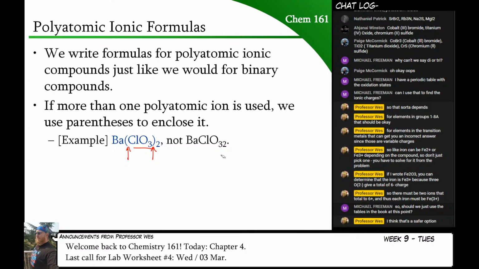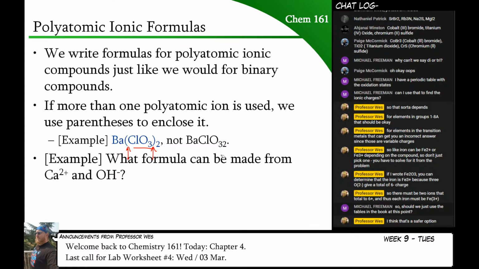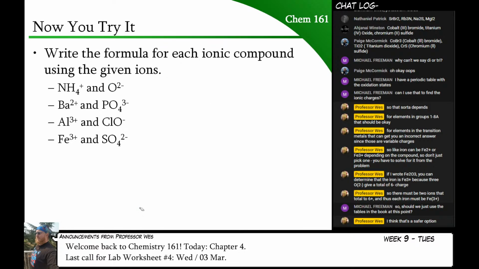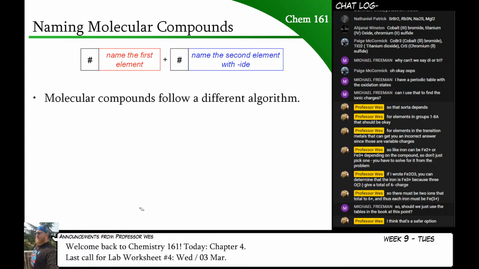So make sure that you are using parentheses when necessary to get the correct answer. Polyatomic ions do not split apart. So make sure that if you have 2 of something, you aren't putting a 2 after everything. Instead, put parentheses around it and put the 2 there. All right. And then more examples to just put those together. So I'm going to leave those for you to do.